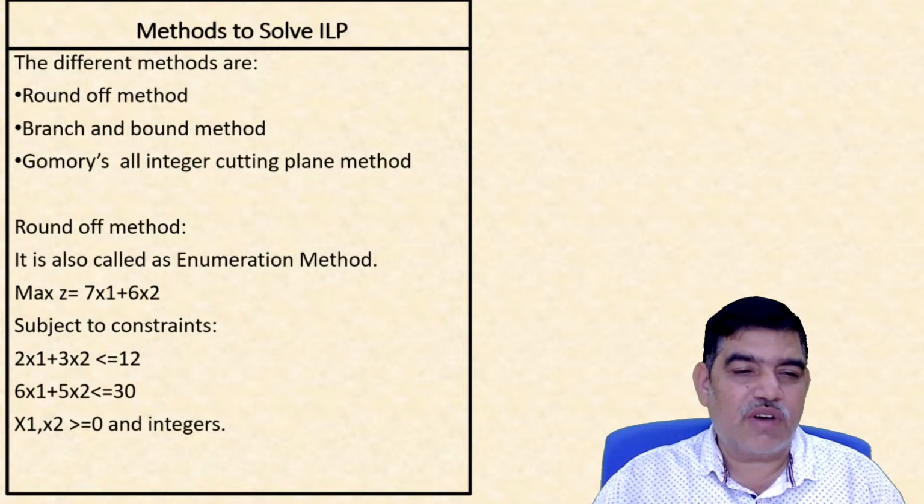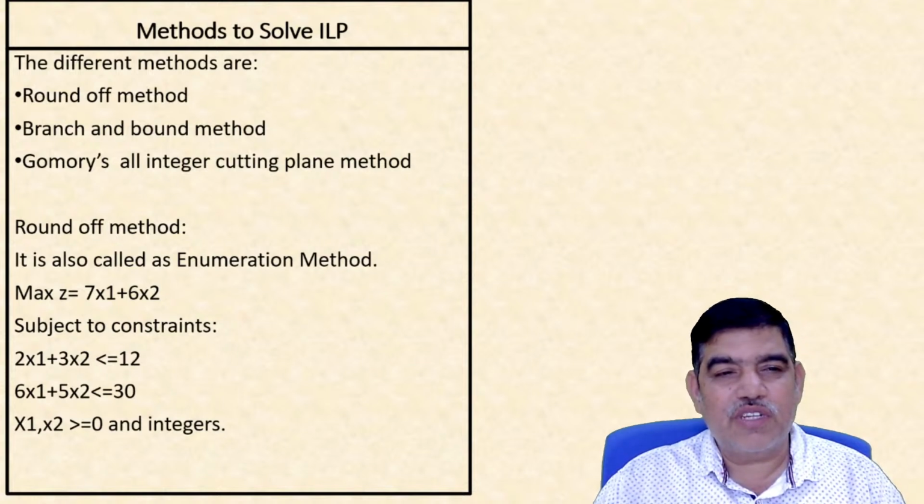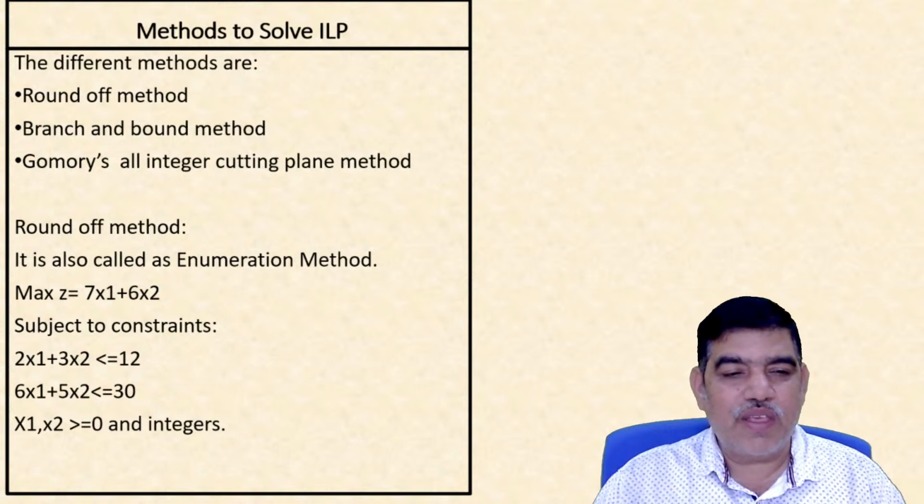So two constraint equations, one objective function and one condition: x1, x2 greater than equal to 0, which means all are positive integers.